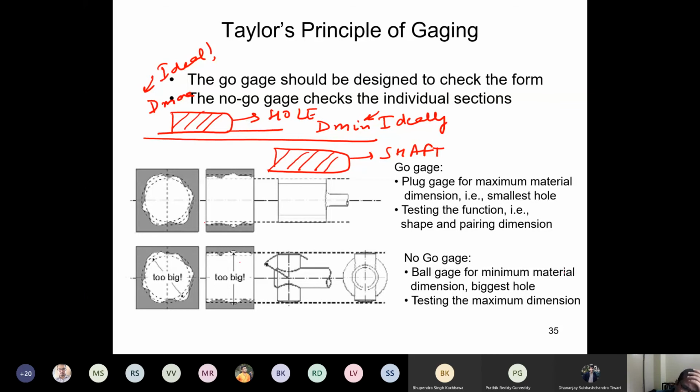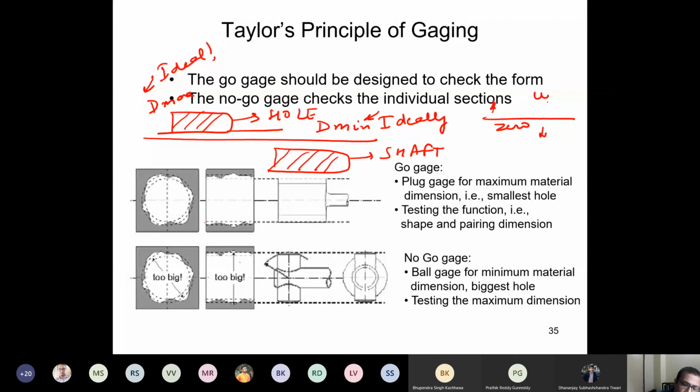So I know that dimension should be D min, right? So D min will be the zero line for my go gauge, right? What is the tolerance which I put on this? Where should I put it? Should I put tolerance in this direction or in this direction?